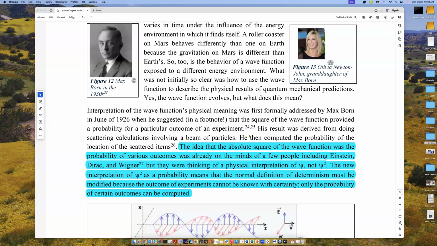Up to that point, the community of quantum scientists were arguing that the wave function itself was physically real. And there was a huge debate because how can a physically real thing include a number that doesn't exist, namely the square root of -1? So Max Born took everybody by surprise by introducing this idea that all we can really know about the way the physical world behaves is the square of the wave function.